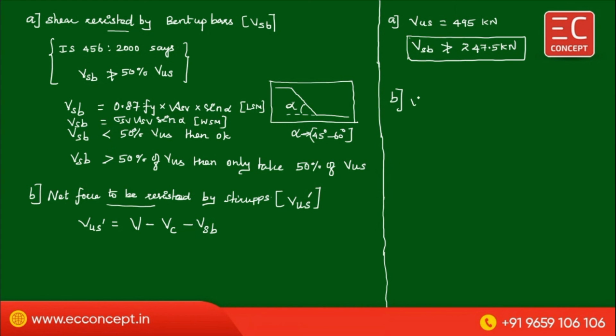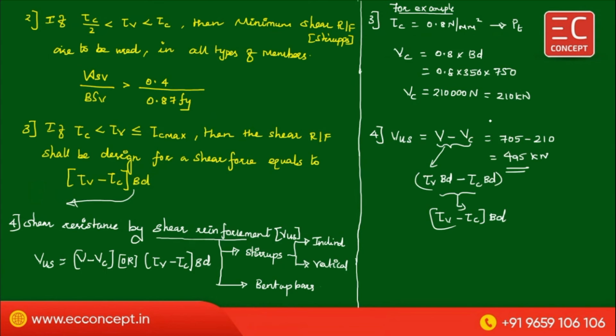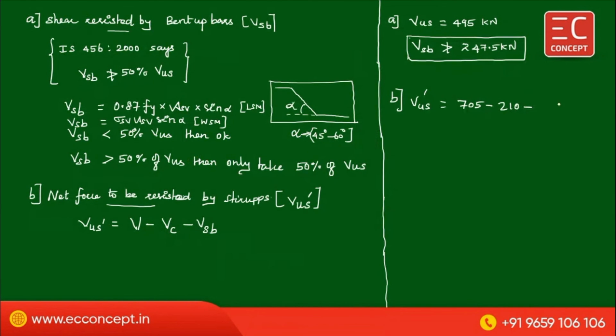Here VUS dash is equal to 705 minus 210 minus VSB. For example, considering the maximum value VSB equal to 50%, 247.5 kilonewton, we get 705 minus 210 minus 247.5, again 247.5 kilonewton.